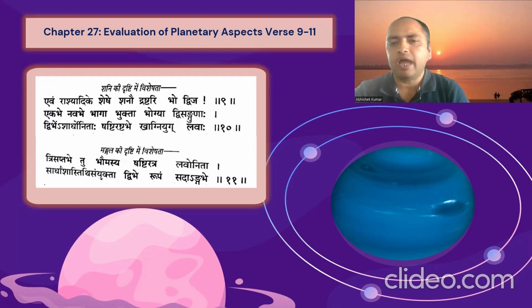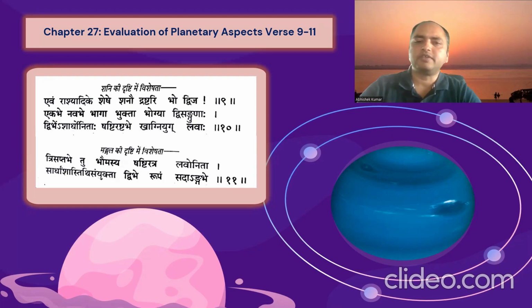He is saying if the aspectual angle is 60 to 90 degrees or 270 to 300 degrees, then we have to do the correction through the 45 Virupas.